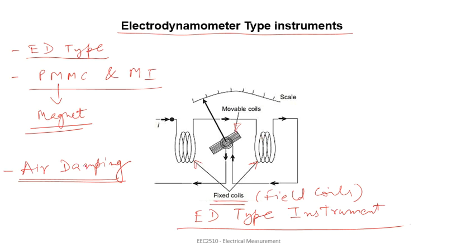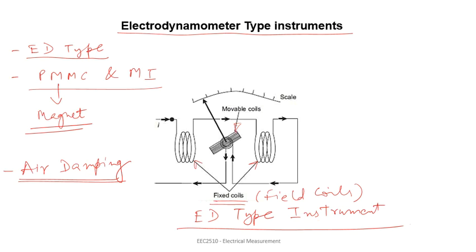If you remember, in PMMC type instrument we have eddy current damping mechanism. Air damping I think we have discussed for MI type instruments. The air damping mechanism will have a lightweight vane which just pushes around in an enclosure when the moving coil is in motion. So it has a piston and a sector type of arrangement. So these are the two major differences of electrodynamometer type instrument with the PMMC type instruments.